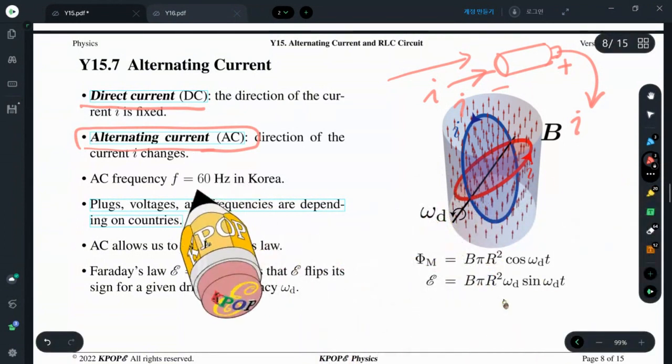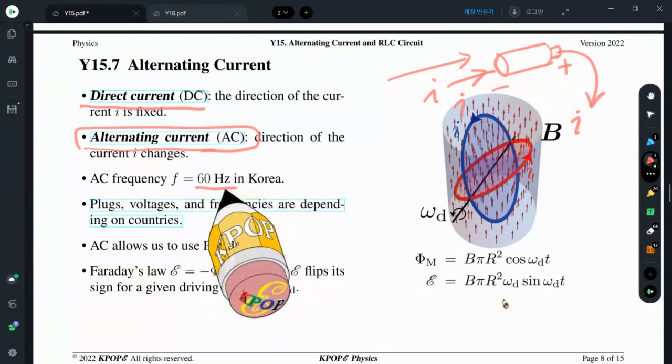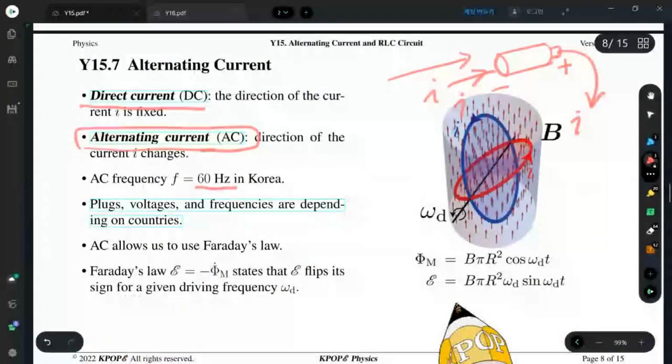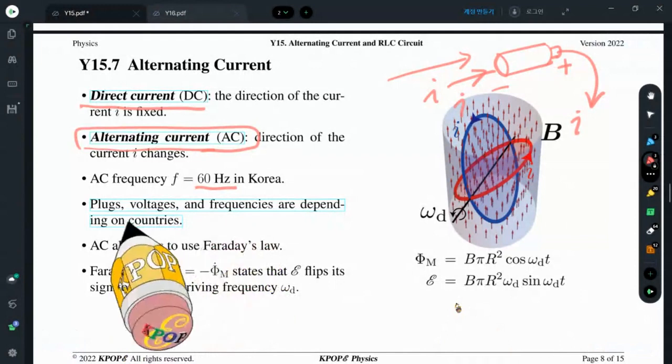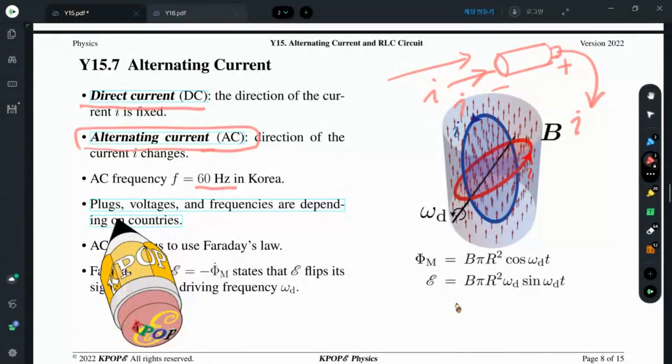In Korea, we have 60 hertz frequency. In Europe, they have 50 hertz. So this is not general. It depends on countries. And if you travel abroad, many countries have different shapes of plugs and voltages.